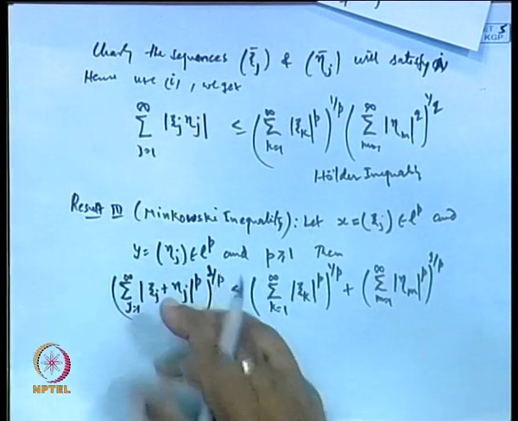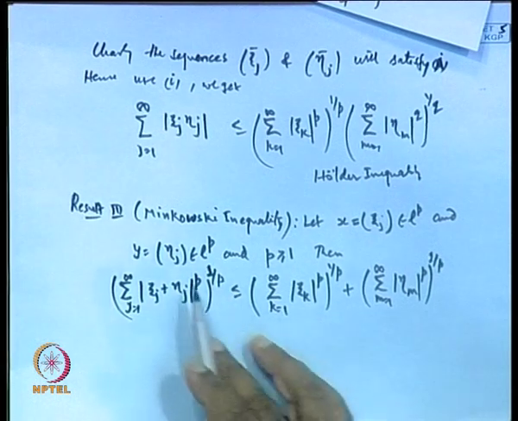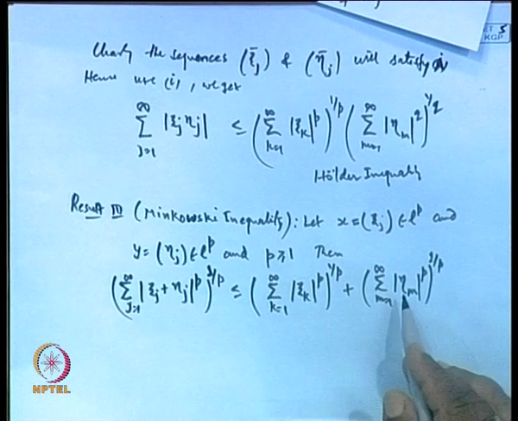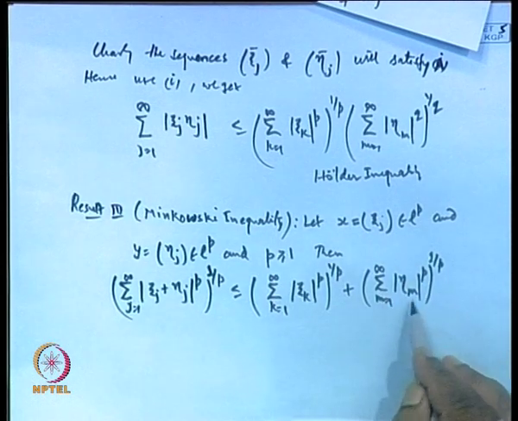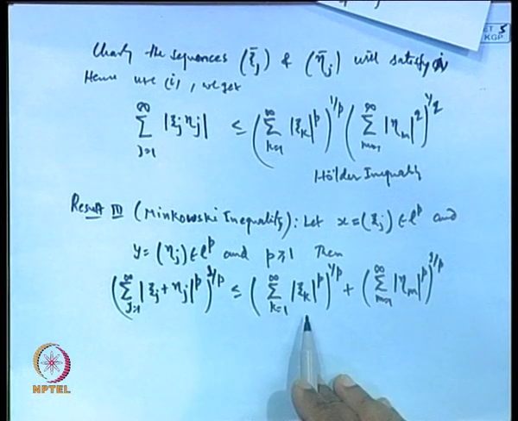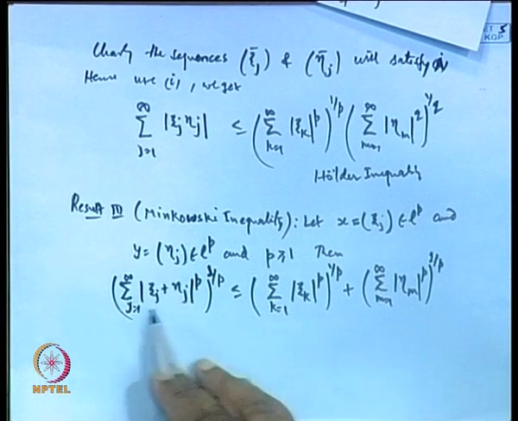Now, this is a well defined thing. First, because when x is in l^p, this sum will be finite. When y is in l^p, this sum will be finite. So, the total of this sum will be finite. Therefore, the sum of this series will be finite.